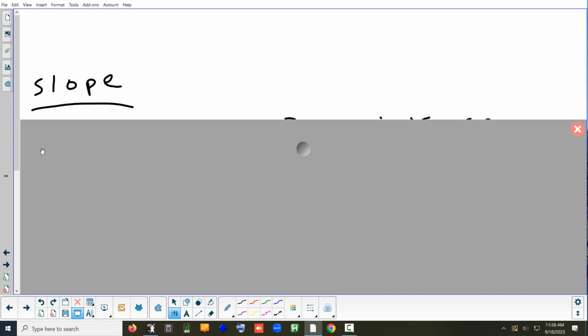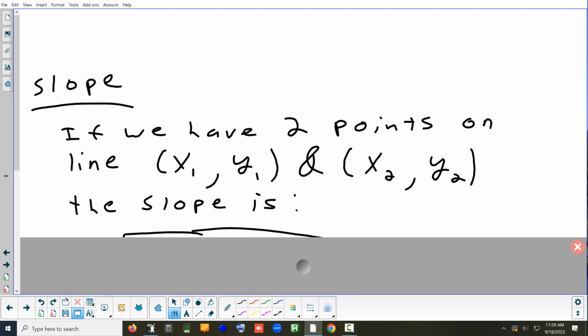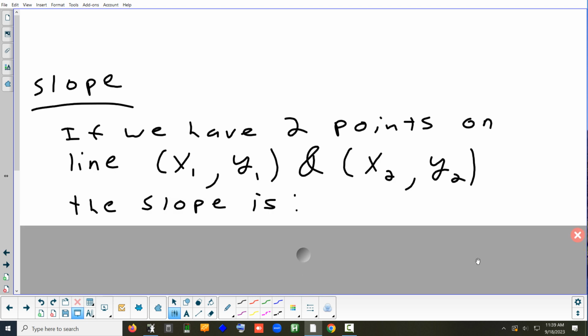Okay, so let's talk more about the m in y equals mx plus b. Does anybody remember there's 2 words that begin with r? We write them as a fraction. Rise over run. And if you want to find the rise between 2 points, like let's say you have a point here and a point here.